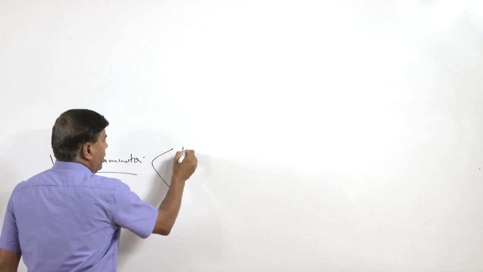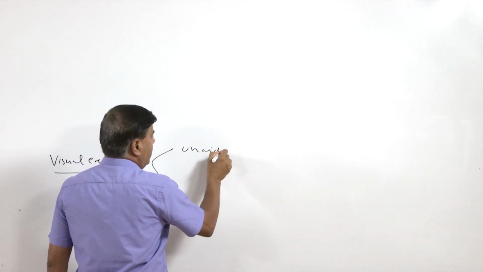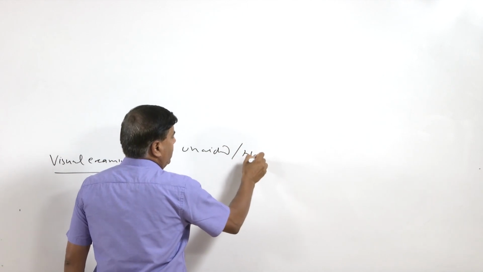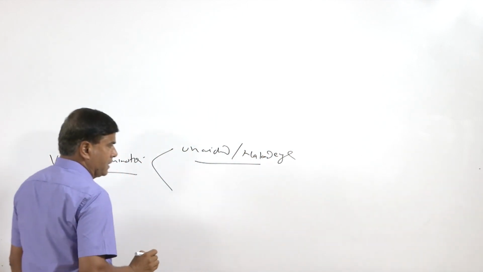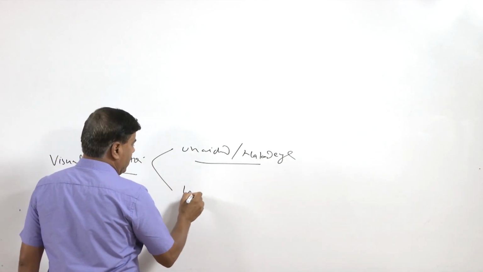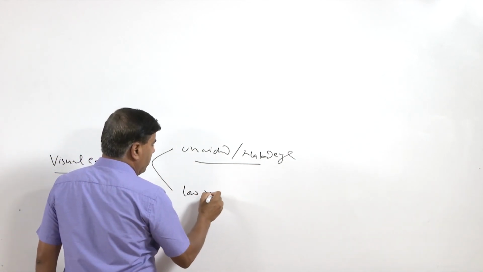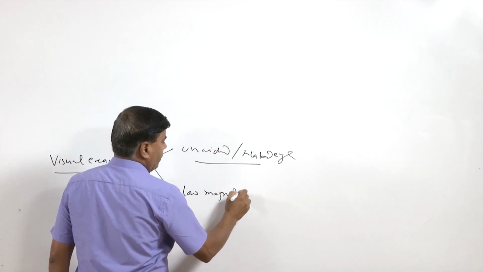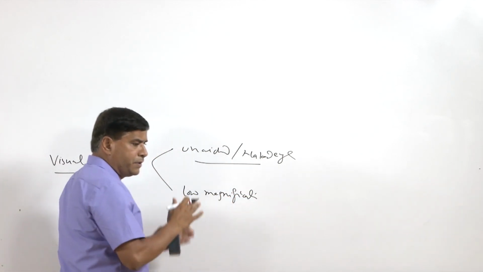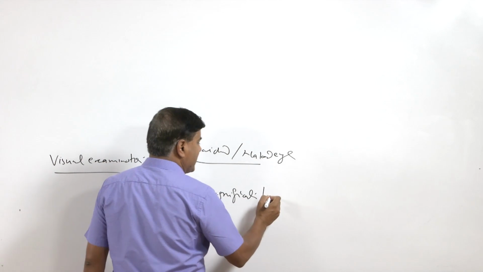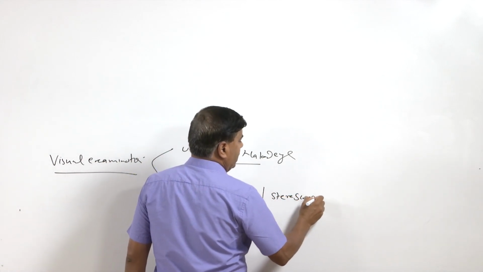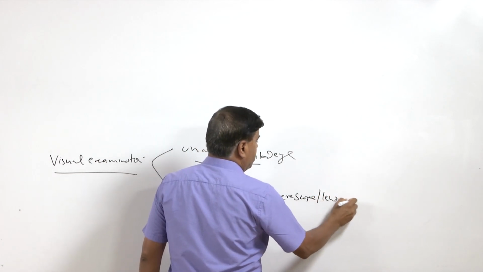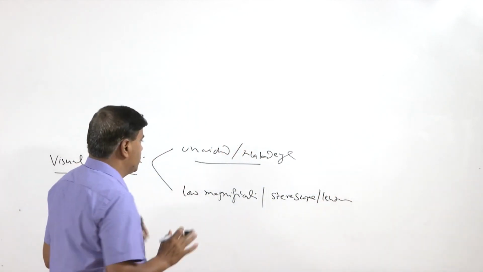One is the unaided or naked eye used for observation, and the second is a low magnification stereoscope or lenses, which can be used for the visual examination.